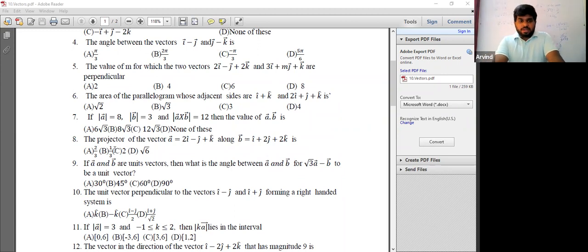For root 3a minus b to be a unit vector, what should be the value of the angle between vector a and vector b? Okay, please listen.